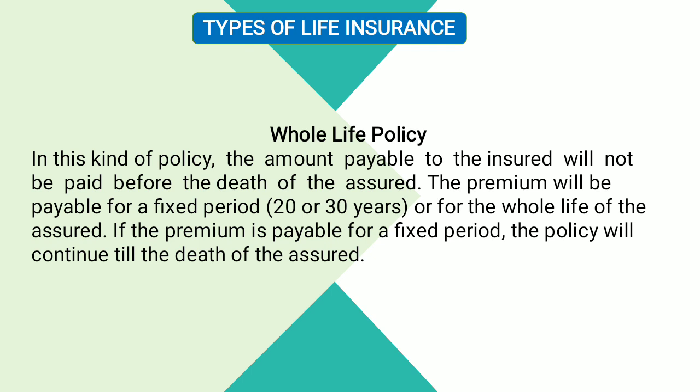So in this policy we are not going to receive the compensation before the date of death of the insured person. We have to pay our premium for 20 years, 30 years, or the whole life. Even if we have paid premium up to a fixed period, we will receive the compensation amount after the death.